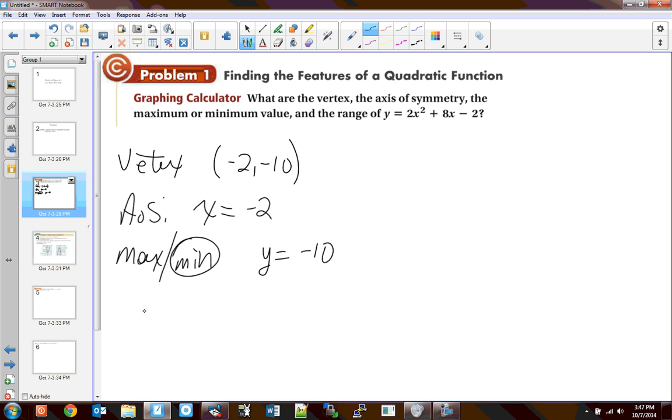That is our minimum. Now the range, if you remember from today, we were talking about that the range is all the possible y values that you can get out of the function.